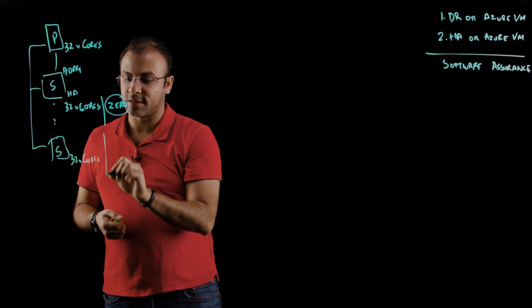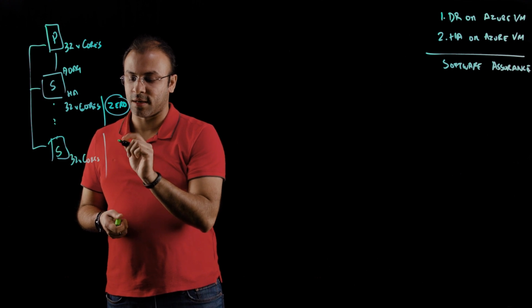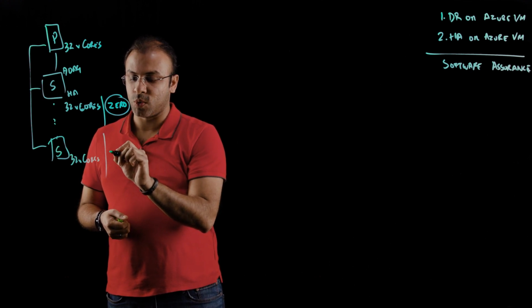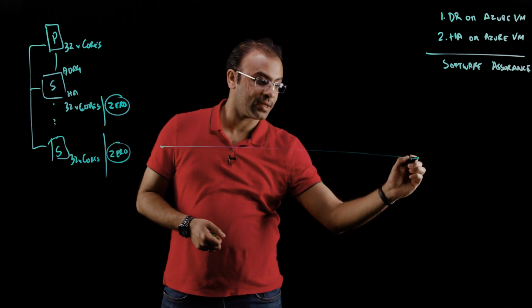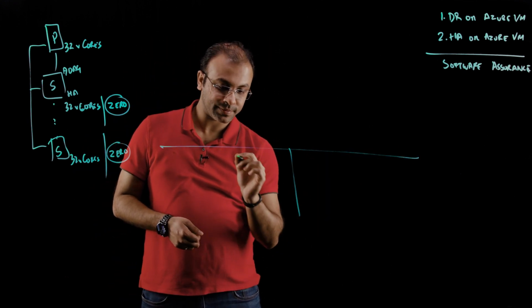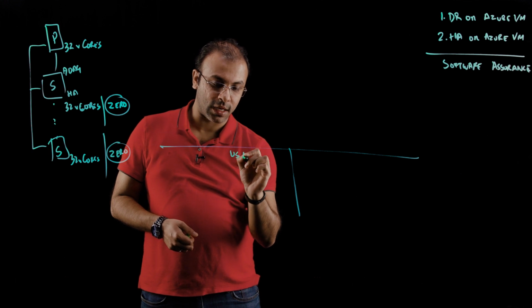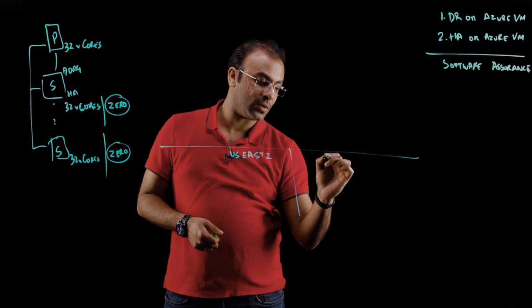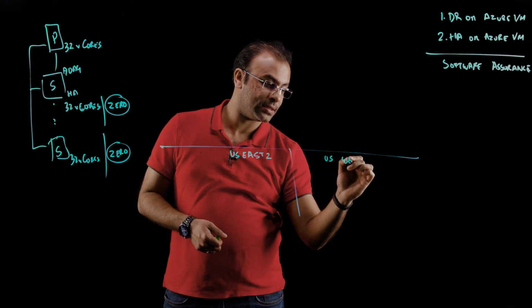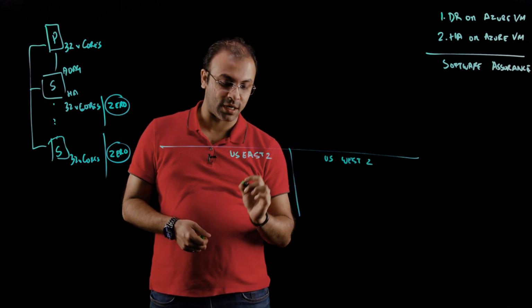Starting with 2019 and starting from November 1st, you would not need to pay for these virtual cores as well. So your architecture now would look like, let's say you're in the US East 2 data center and you are going to US West 2 as your DR site.